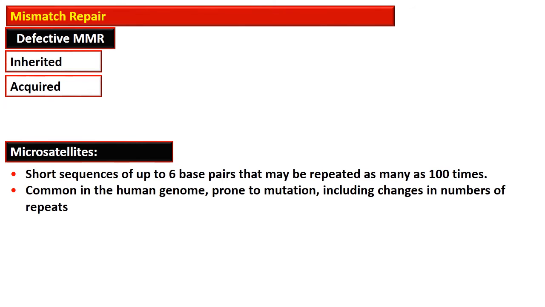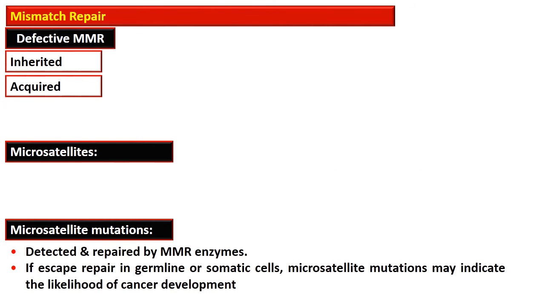Microsatellites are short sequences of up to 6 base pairs that may be repeated as many as 100 times. These are common in the human genome and prone to mutation, including the number of repeats changing, which results in mutation.